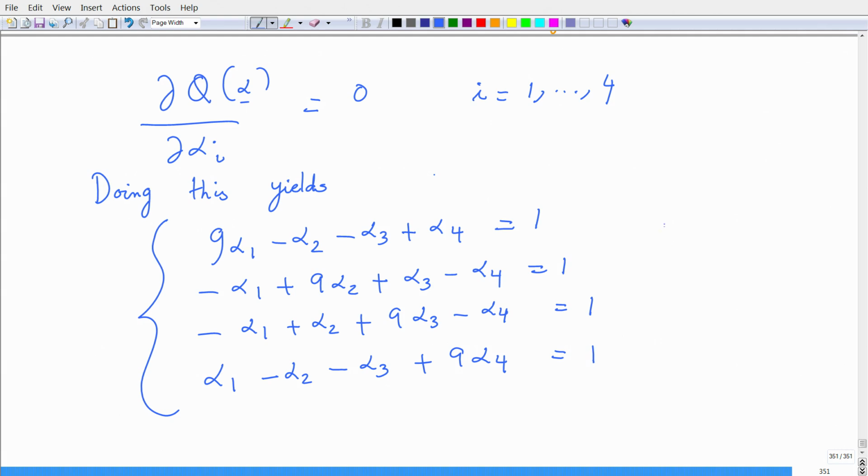So, solving this set of equations, I get alpha optimum i to be 1 upon 8 for i equals 1 to 4.